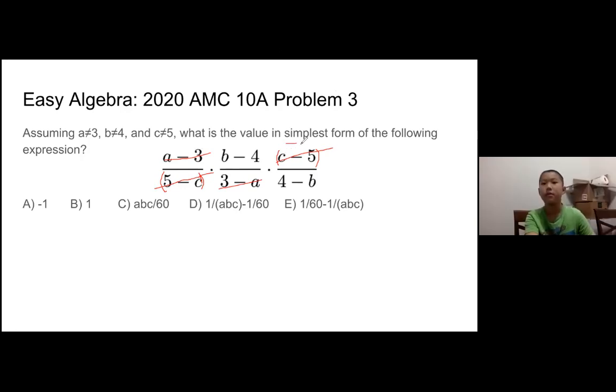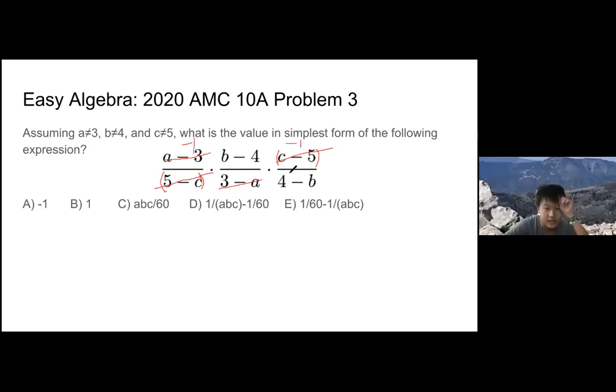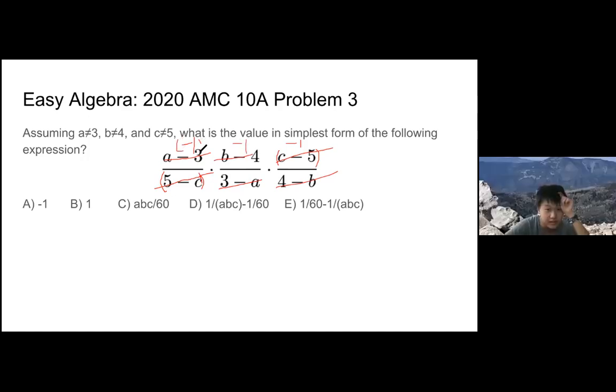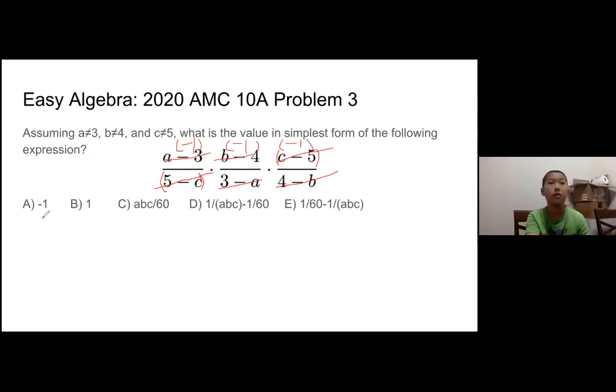Yes, good. So you have two negative ones here. And then you cancel B minus 4 with 4 minus B. Okay, so you have three negative ones now. And you multiply them together. Yeah, you get -1. Good.